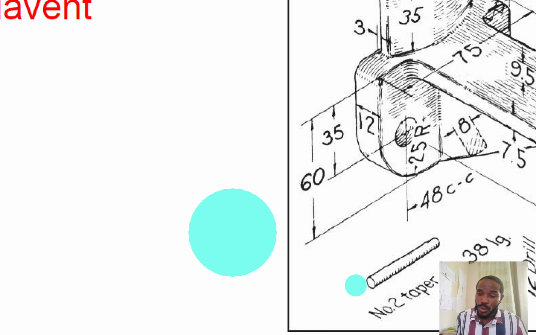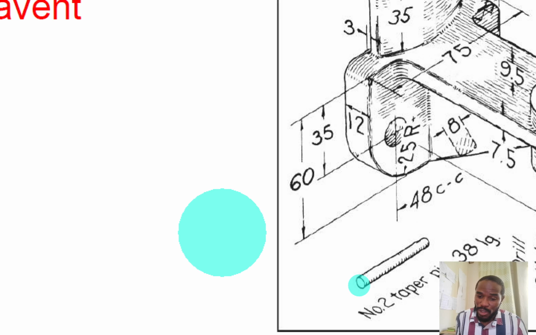So if the bigger end of my taper pin has a diameter of 4.8514, then we take out 0.792 from that value to get the diameter at the smaller end, which will give us 4.0597 millimeters. Keep that in mind because we're going to use those two now.